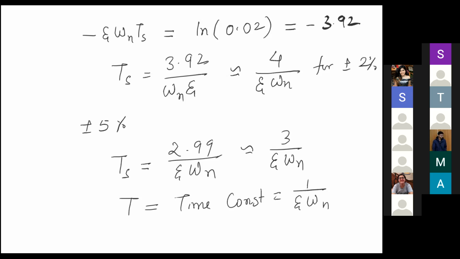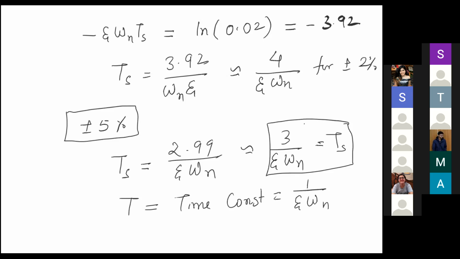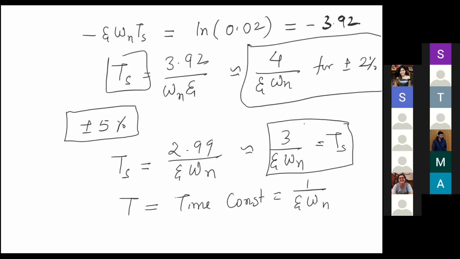So you have to remember that for plus minus 5%, the settling time comes out to be 3 upon zeta into omega n, and for plus minus 2%, it is 4 upon zeta into omega n.